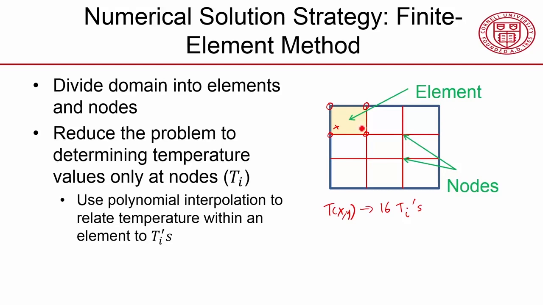It'll be a bilinear interpolation in this case, but the idea is the same. I think of this value as a weighted average of these 4 values, and the weights for each of these values are given by the so-called shape function, for those of you who have seen shape functions.